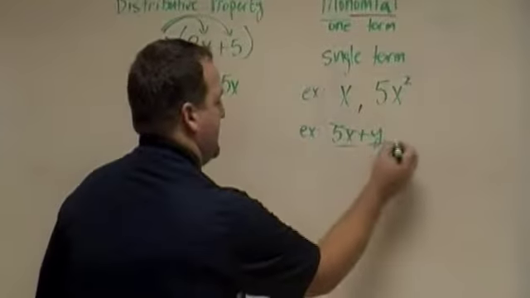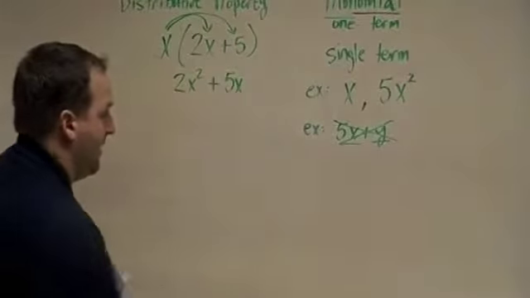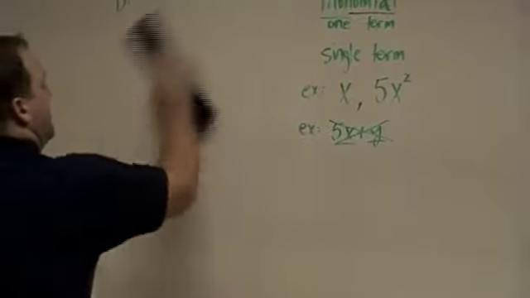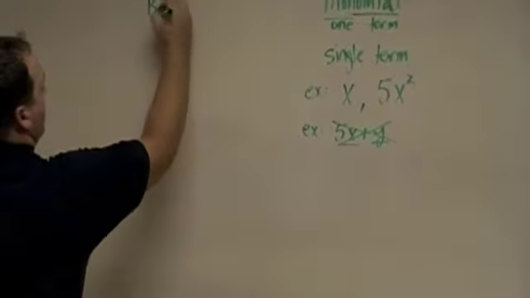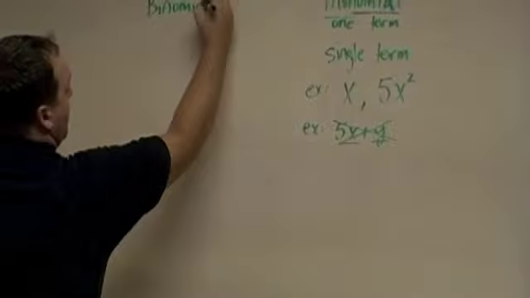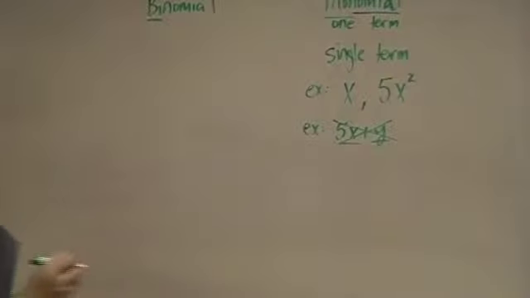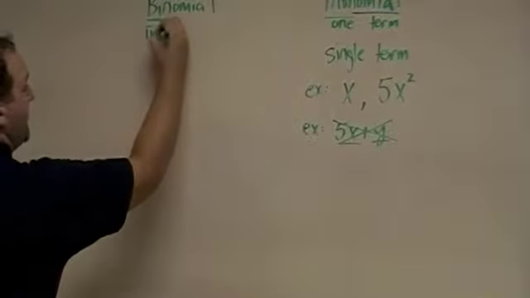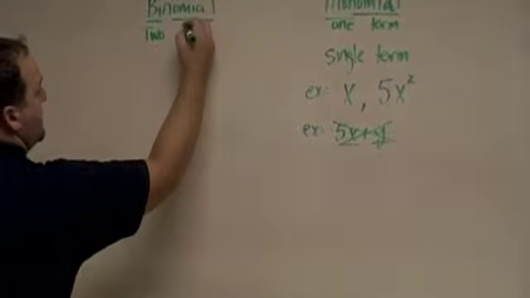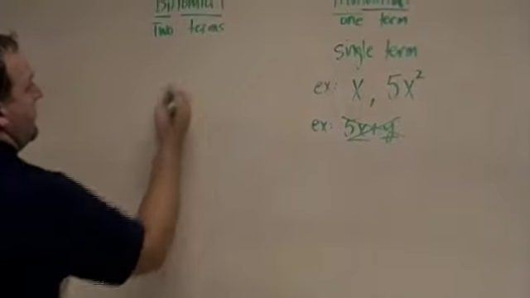So this one is not a monomial, but we did just decide that it was a binomial. Looking at the prefix, bi means two. Nomial means terms. We have two terms.